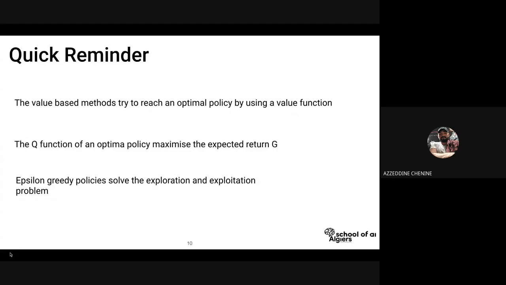So at each step, I flip a coin and I see if I need to take the optimal action based on my knowledge or take a random action. This probability will change over time. When I start, I have a low probability to take my trusted action, because I don't have prior knowledge, and as the agent is learning, I tend to increase the probability to trust my previous experience.